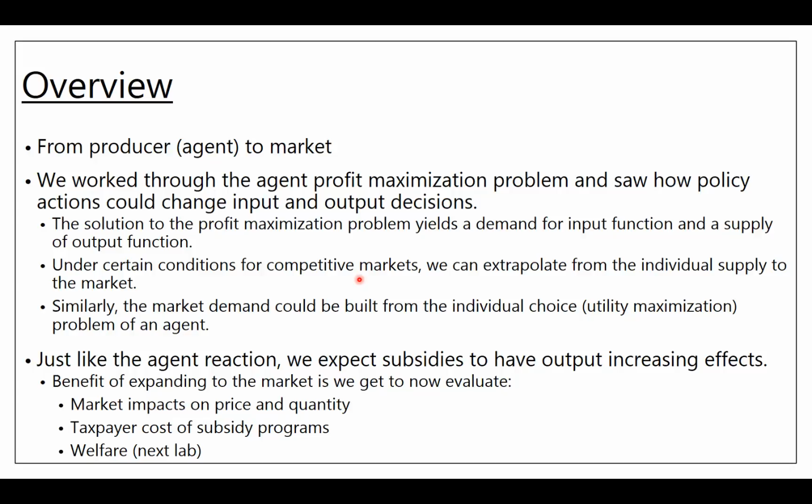We're not going to be testing on those or talking about those, but we should be aware that aggregating is not as simple as just saying if it worked for the one producer, let's just say that producer is multiplied by 500 producers, now we have the supply side.